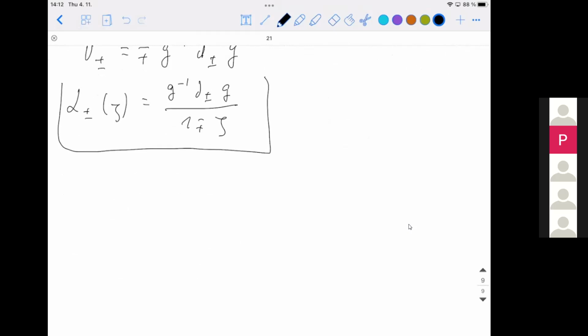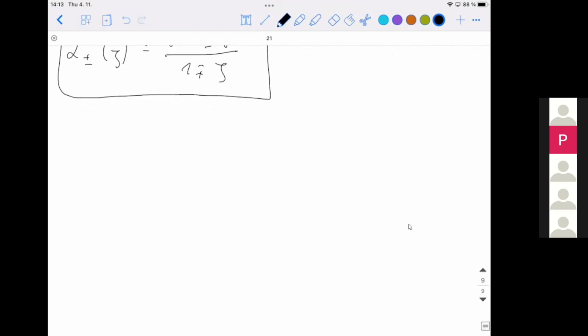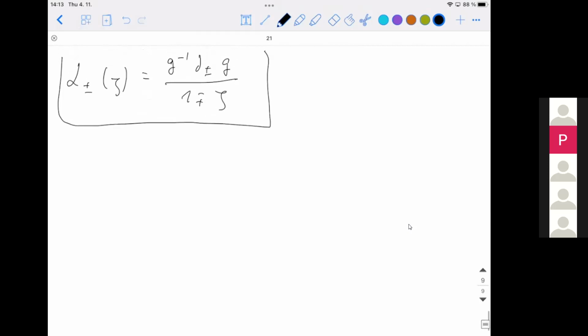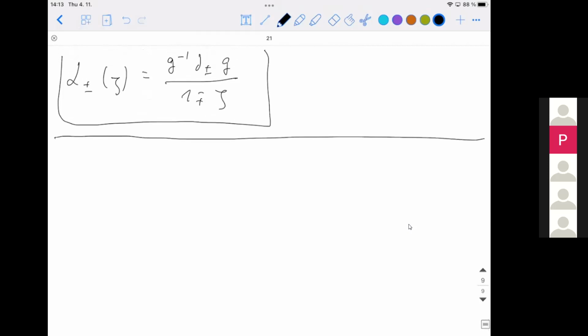So to do that, from the three-dimensional Chern-Simons, the Chern-Simons term with gauge transformation, one can actually write it like this.